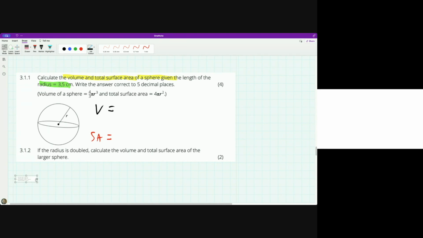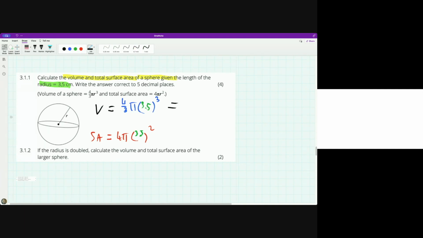What do you find for the volume? What do you find for the surface area? Okay, well, let's see.